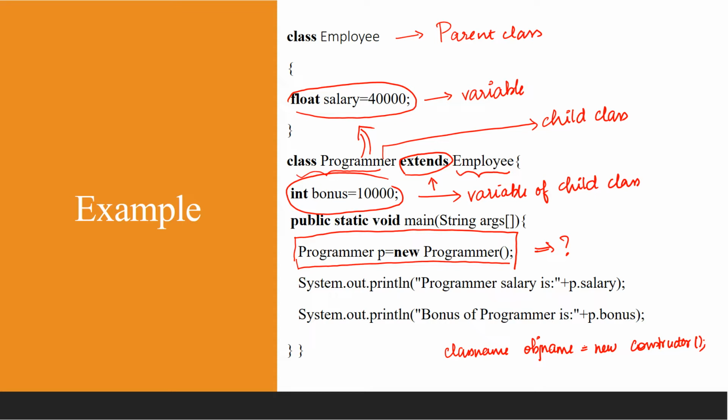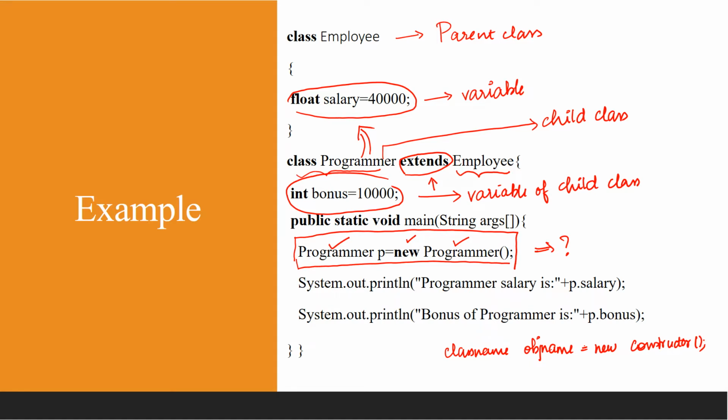So we are writing it as Programmer, and the object name can be of your own choice. So they are assigning p here. Then the new keyword is used, and the new keyword helps you to create an object and allocates memory. And then the constructor should be the same as the class name, followed by parentheses.